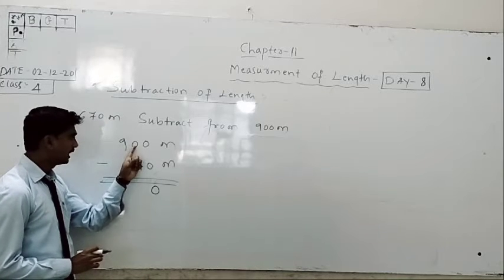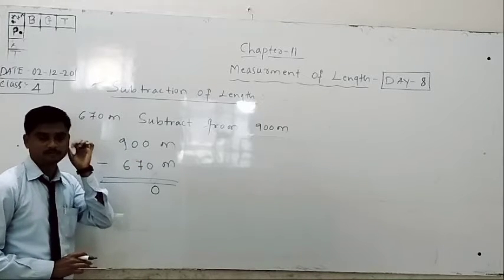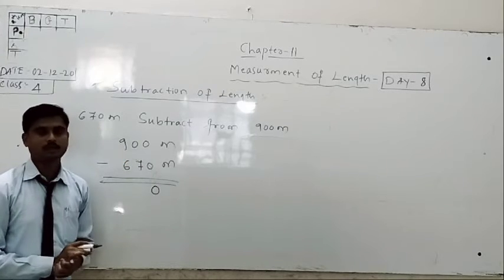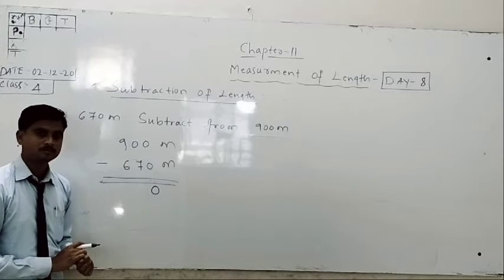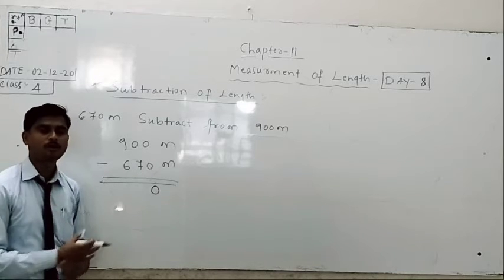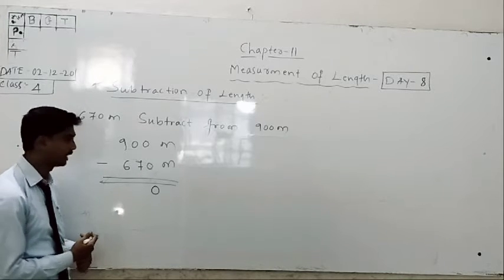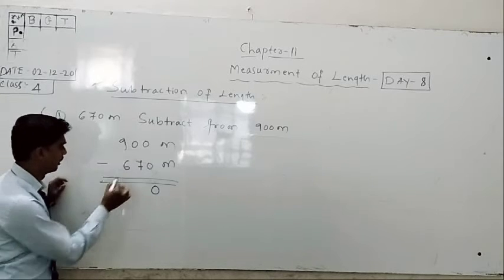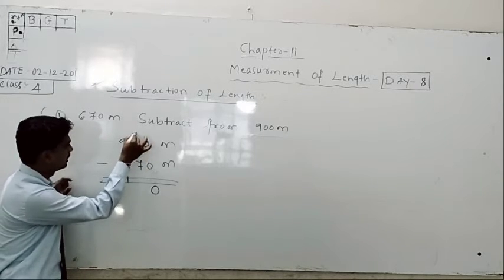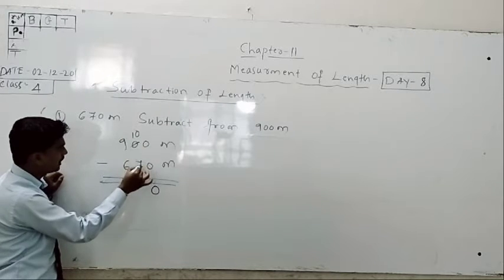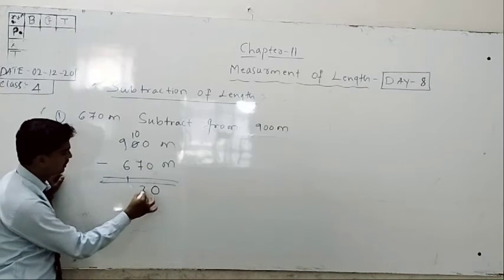Here 0 is there and below it 7 is there. Understand? 0 cannot subtract 7, because 0 is smaller and 7 is bigger. It is not possible to subtract. Then you take a borrow from the upper number, give 1, and it becomes 10. 10 minus 7 is 3.